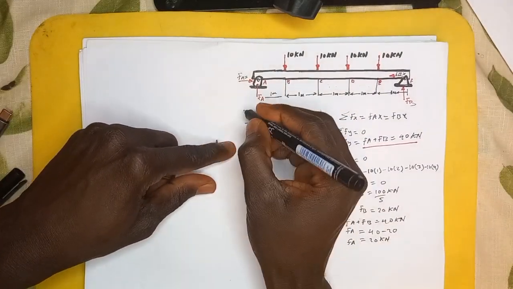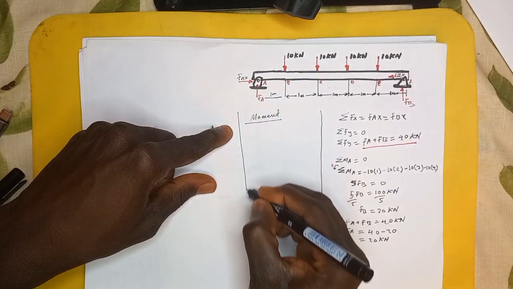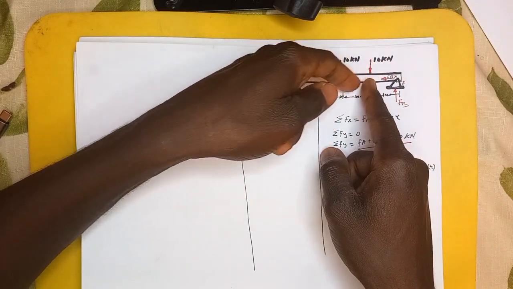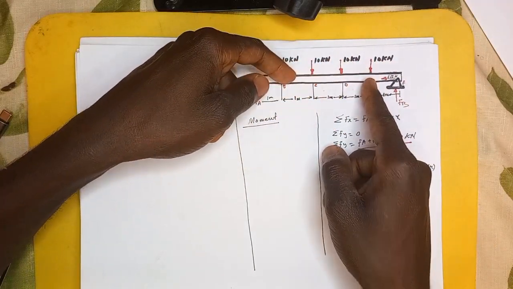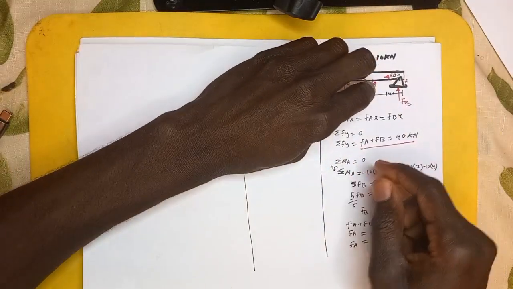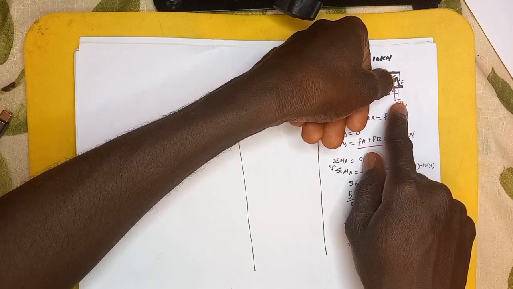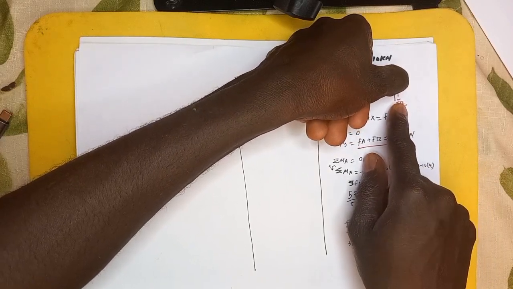So what we have to do, the first step is to take a moment at every point that a vertical force is acting on the beam, right?